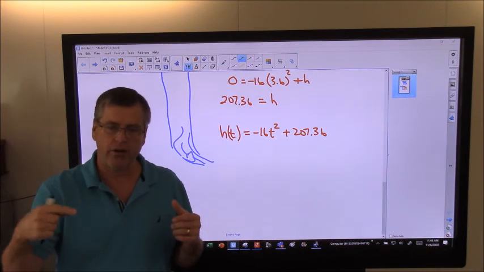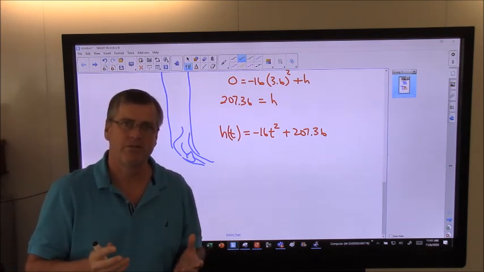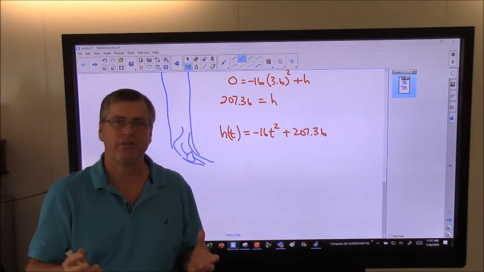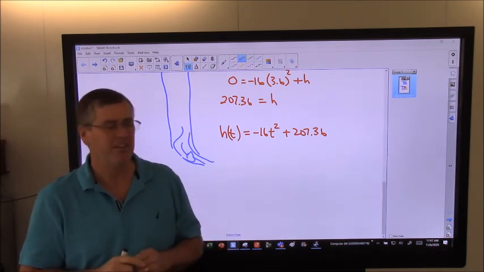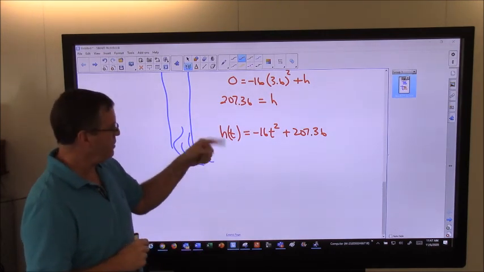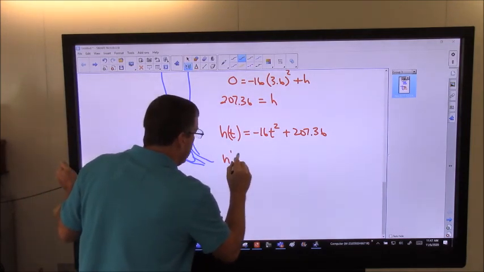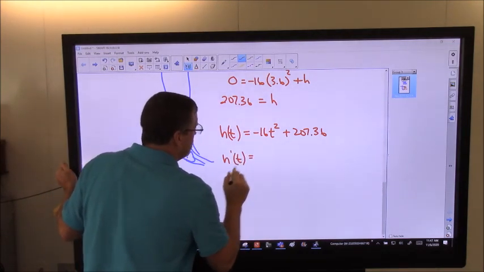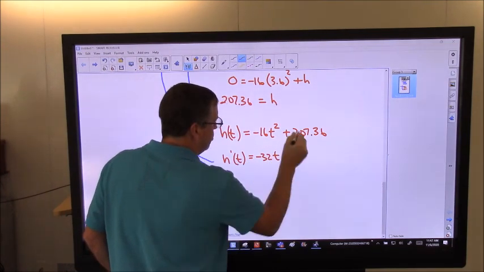Well, miles per hour, that sounds like a rate of change, or a slope. How do I find a slope in calculus? Derivative, right? So I need to take the derivative of this and then see how fast it's going. So h prime of t is going to equal negative 32t plus 0.